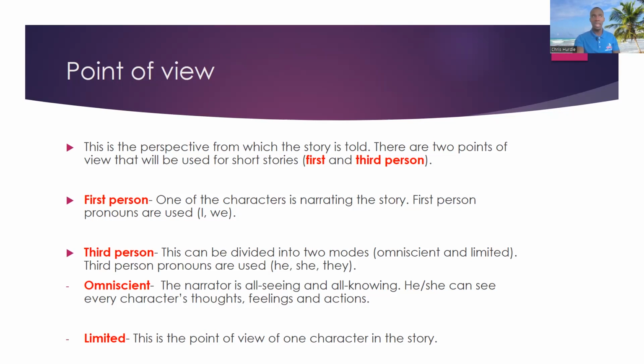The omniscient means that it is told from someone who knows everything about all the characters, right? Whereas the third person limited is going to be told from the perspective of one of the characters in the story. But the first person is not used. Okay? So for example, if you have a story and Jeff is the main character, whoever is writing that story cannot be Jeff, right? Jeff has to be his own person.